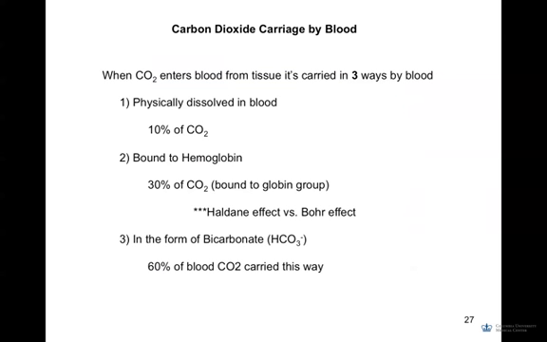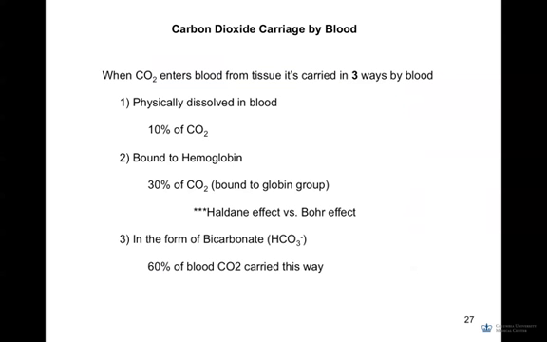Another 30% is bound to hemoglobin, but it's not competing for the oxygen binding sites. CO2 instead binds to the globin, or the protein portion, not the heme groups. However, when CO2 binds to hemoglobin, it actually reduces hemoglobin's affinity for oxygen.